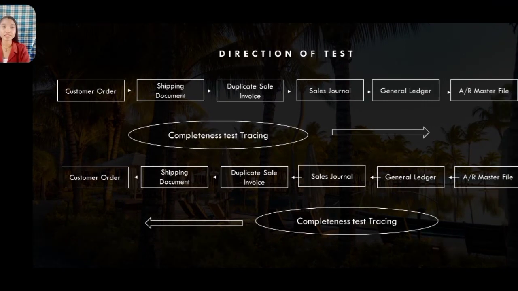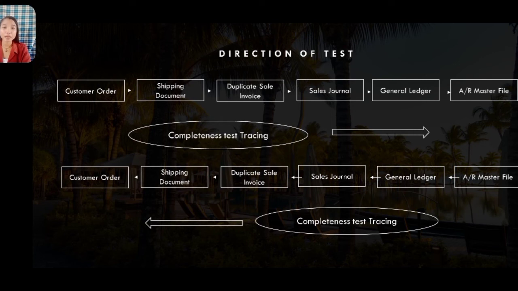Again, direction of test includes completeness test tracing and completeness test vouching. In completeness test tracing, you will start from the source document, which is the customer order, to the shipping document, to the duplicate sales invoice, then the sales journal, general ledger, until you come up with the accounts receivable master file.